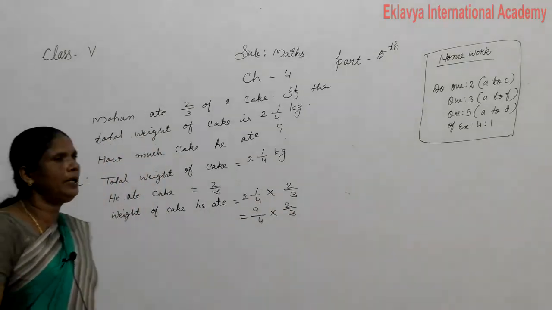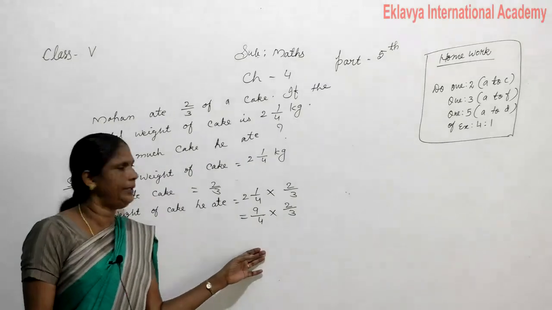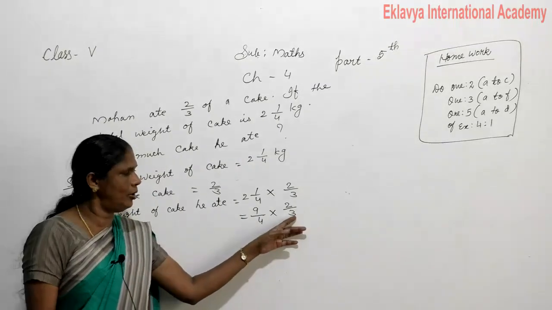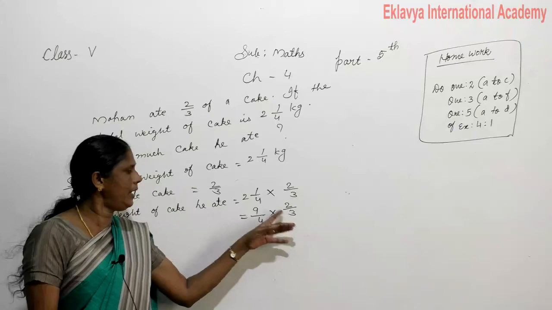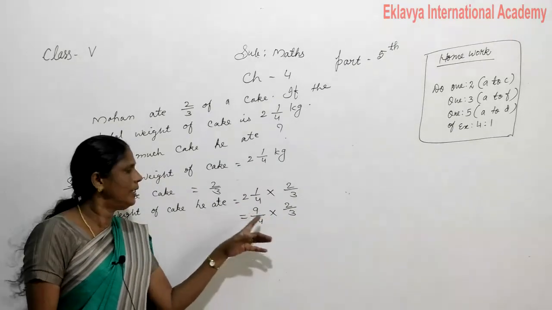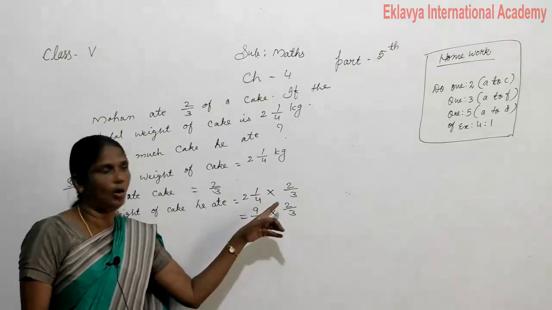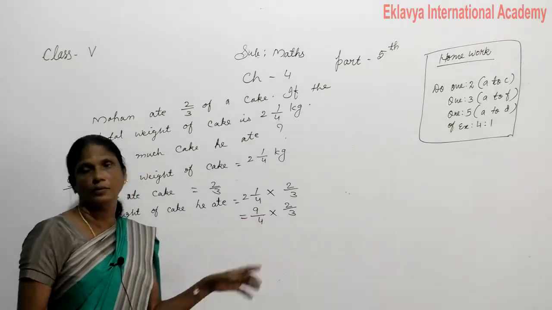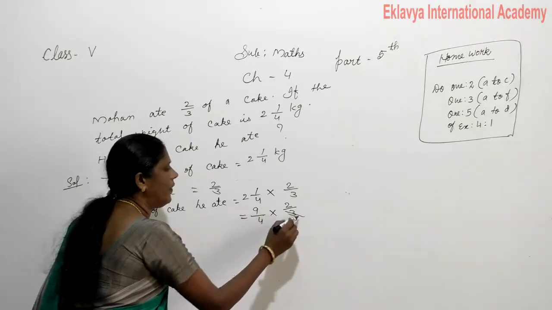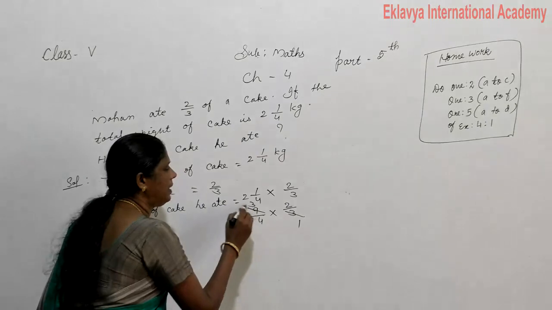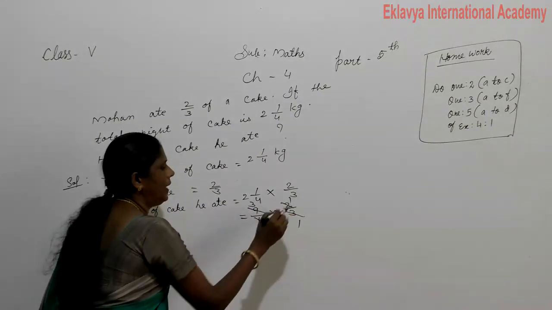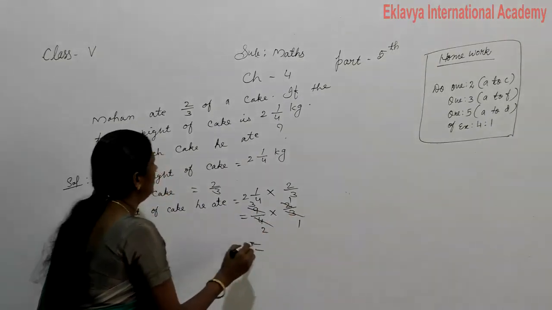Then, is there any common factor here? Yes. 3 is the common factor of 3 and 9. Then 2 is the common factor of 2 and 4. Now cut this one time here, here 3. Then one time 2.